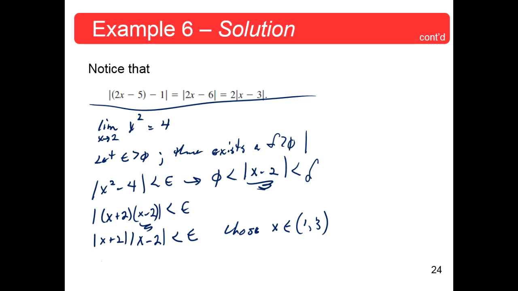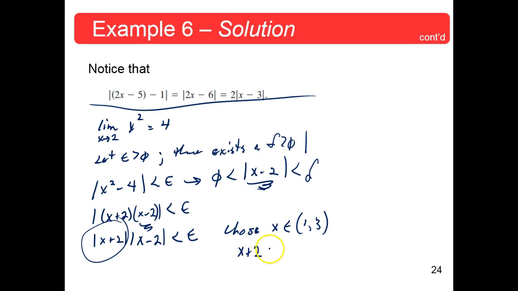Now, to satisfy that condition, for all x's in that interval 1 to 3, we want to look at what this x plus 2 is. Okay, that's this term here.